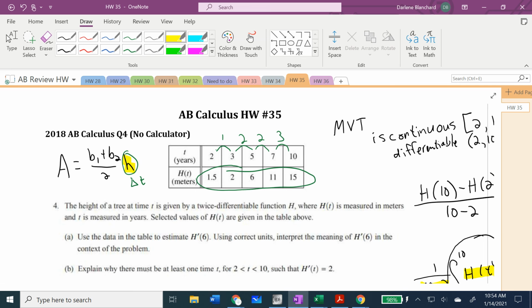So when the height is this 1, the two base values are 1.5 and 2. Then you're going to add that to the area formula for which the height is 2 and use the bases 2 and 6 for that.